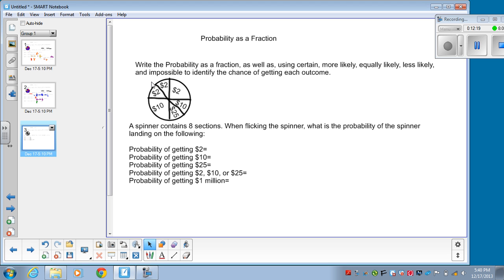Let's look at the spinner. This is kind of like Price is Right, Wheel of Fortune. These are different shows that you might have watched with your family that involve money. And the Price is Right, it's at the end.